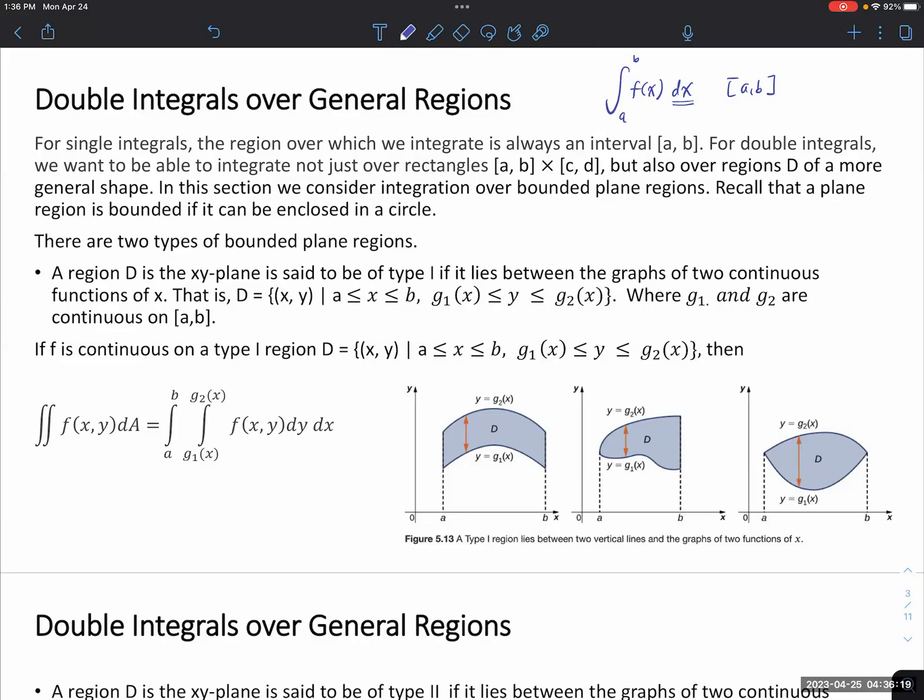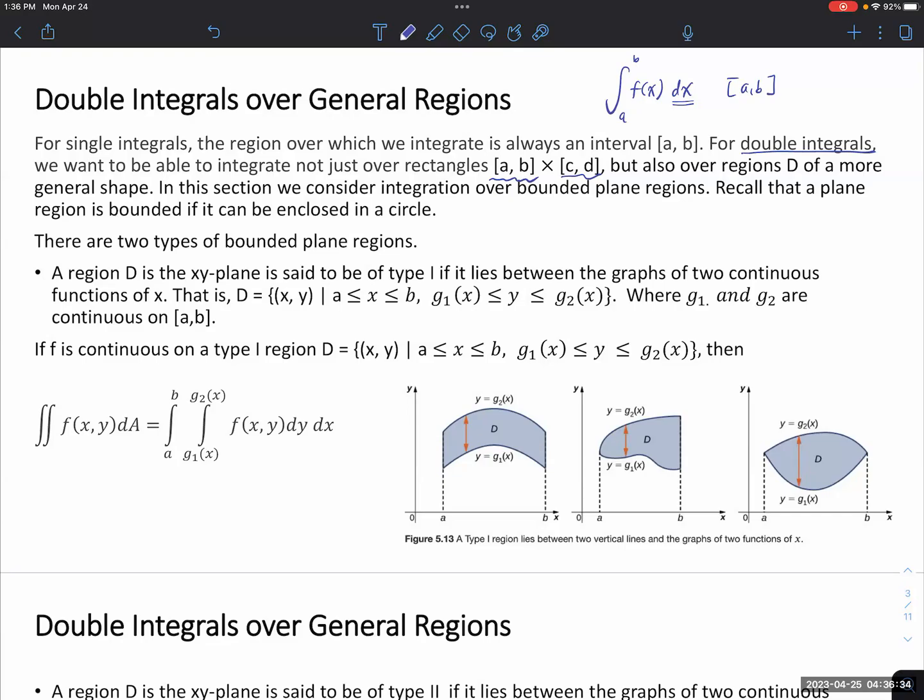But now we are talking about the double integral, which means you have to take the integral with respect to x and y both, so you are going to have two different ranges. One is for the x variable, another one is for the y variable.